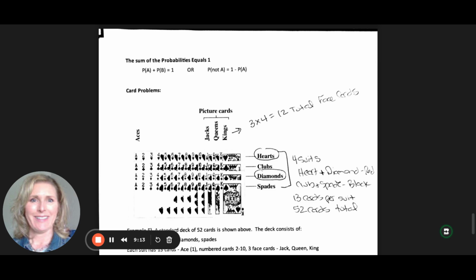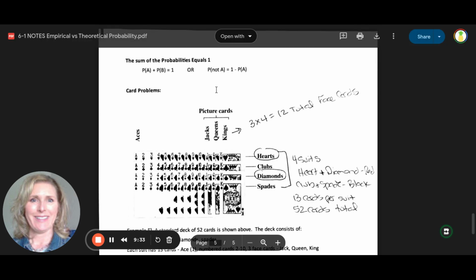So the probability that you do not get heads would be 1 minus the probability that you do get heads. And so the probability of not is 1 minus the probability that it does happen. So that is a formula that you could use.